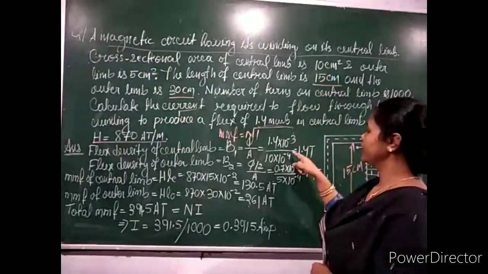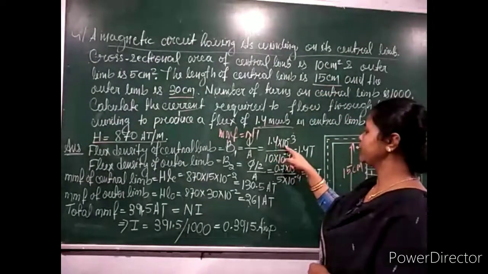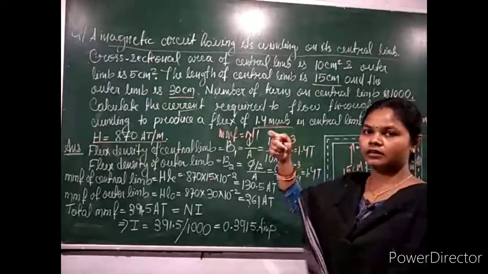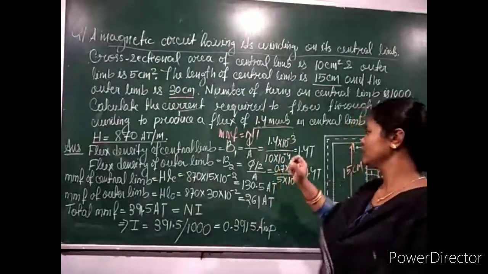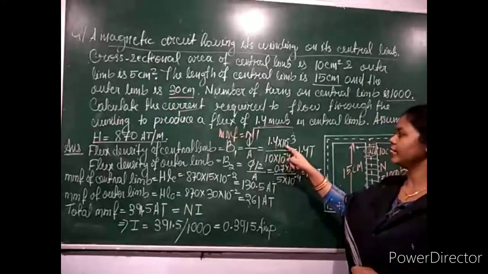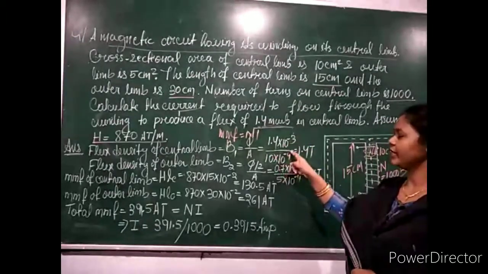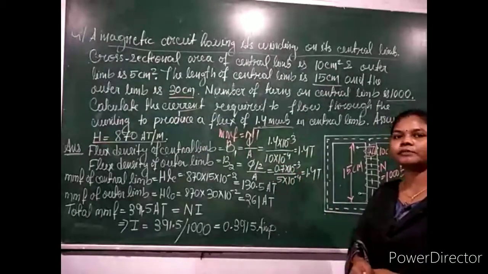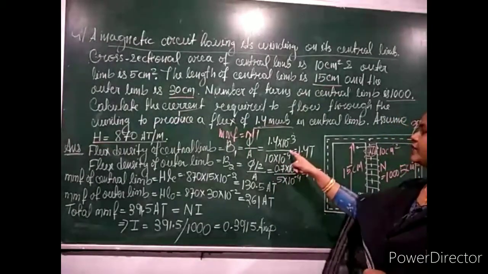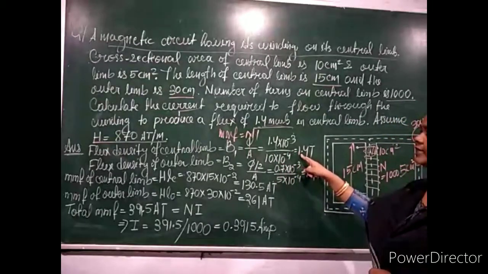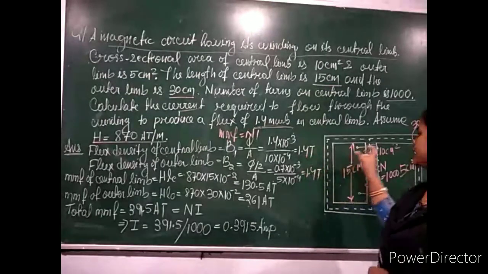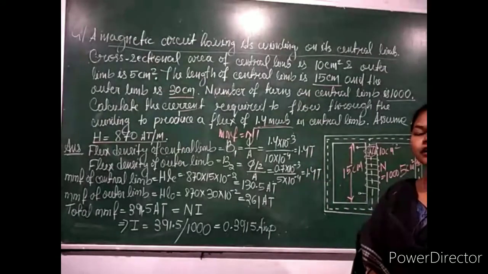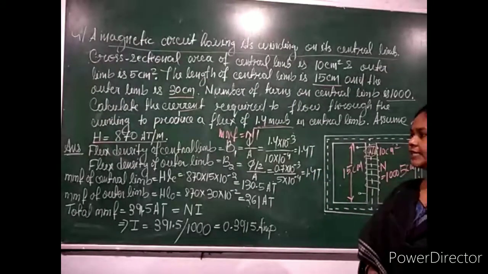So it is 1.4 into 10 to the power minus 3, as it is milliweber, divided by the cross-sectional area 10 into 10 to the power minus 4. After calculating, you get B1, the flux density of the central limb, as 1.4 Tesla. The unit of flux density is Tesla.